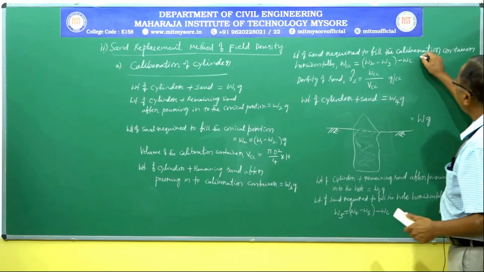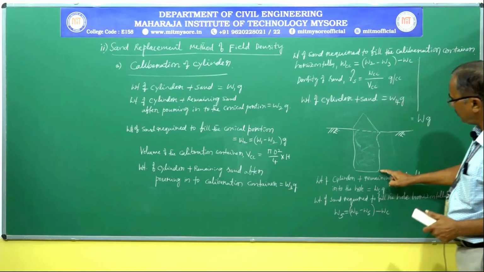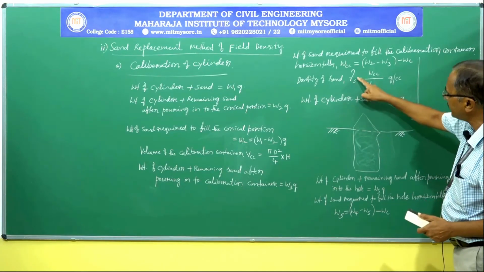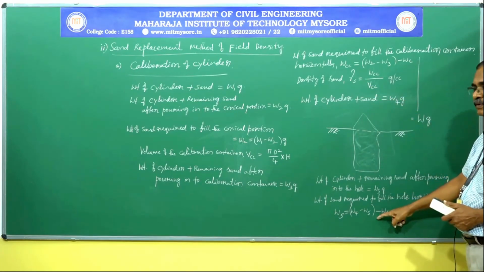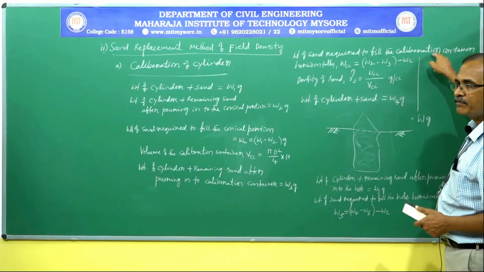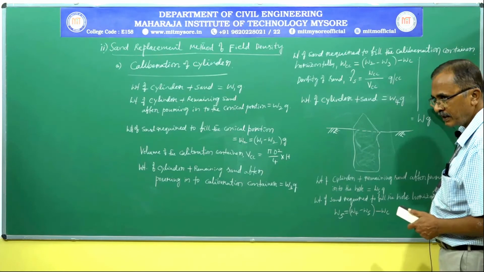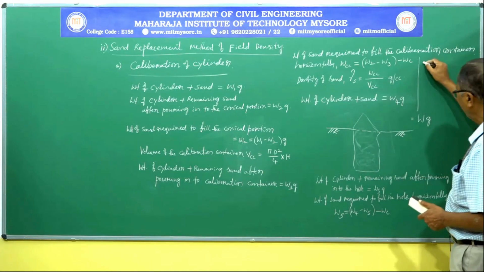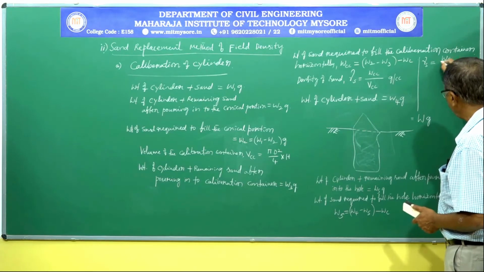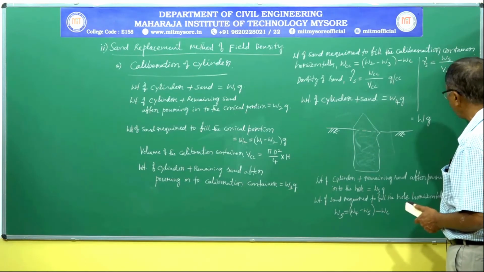Next, the volume of the hole can be determined by using this density of sand and weight of sand. So we know that density of sand is equal to weight of sand divided by volume of sand, that is nothing but volume of hole. So we have gamma S is equal to weight of sand divided by volume of sand.